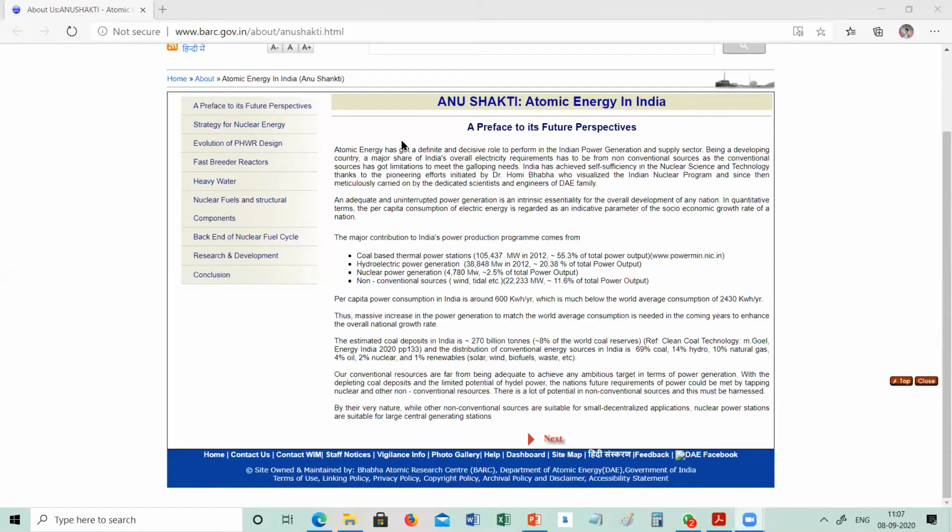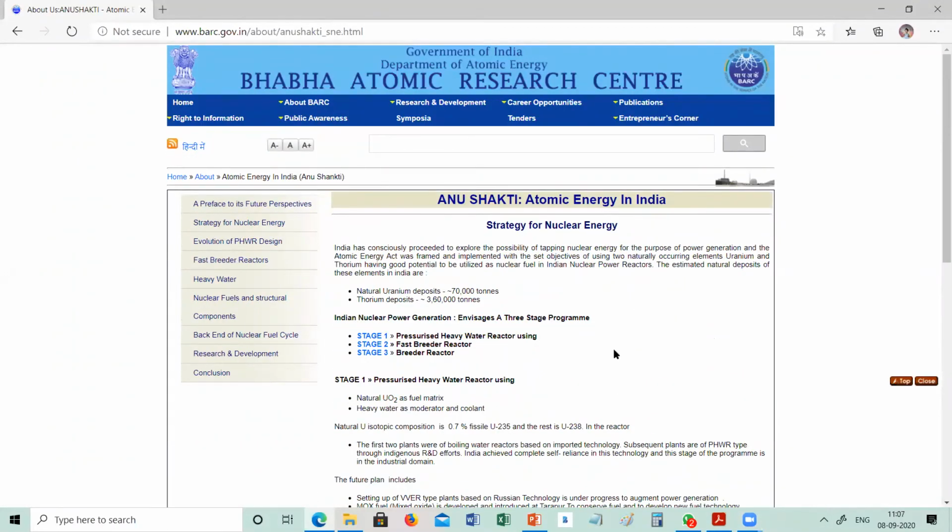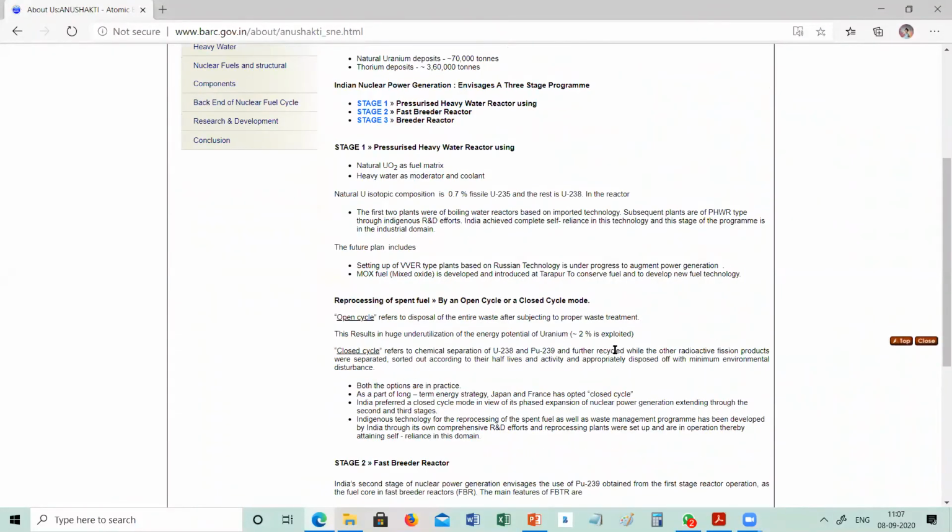In the first slide they have given the information about why India has to go for nuclear energy. In the second slide, the strategy is given: a 3-stage strategy. In stage 1, pressurized heavy water reactors are used.